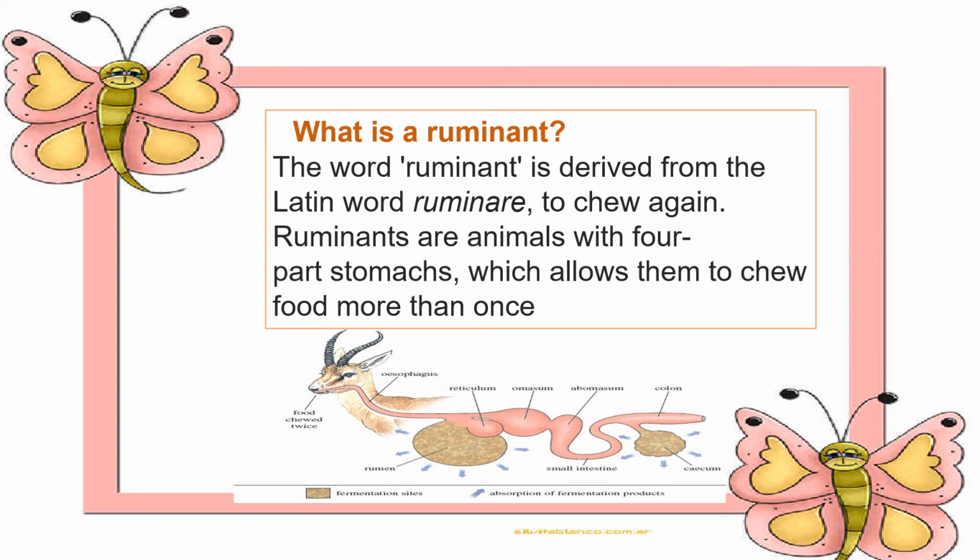Now, how about the ruminant digestive system? Ruminant is derived from the Latin word ruminare, which means to chew again. Ruminants are animals with four-part stomachs, which allow them to chew food more than once. So they usually chew the food that they take in.